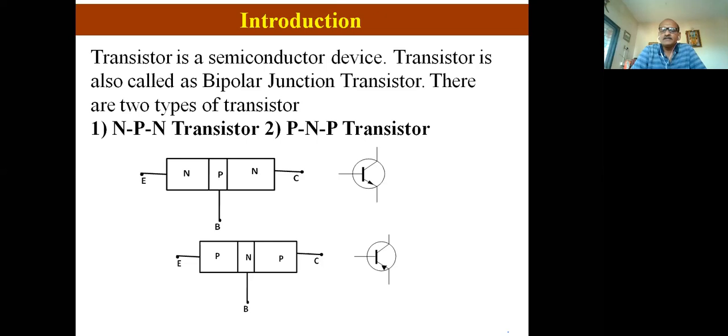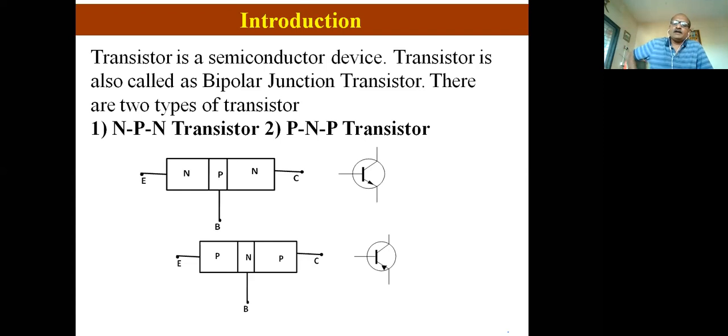The extrinsic semiconductor is a semiconductor doped with some impurity. When a pentavalent impurity is doped, there are 5 electrons in its outermost shell, but in germanium and silicon there are 4 electrons in the outermost shell.